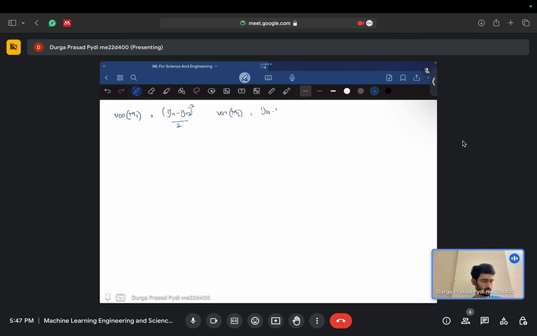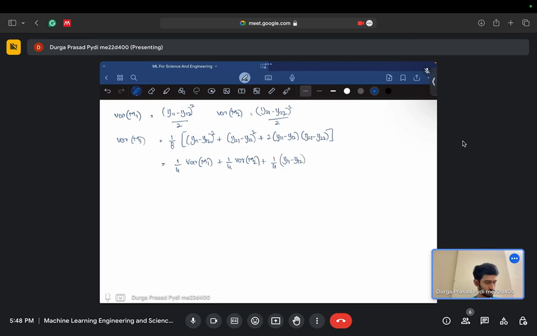M2 is given by this, and M3, if I expand it a little bit, I can write as, this is basically 1/4 of the variance of M1 plus 1/4 of the variance of M2, maybe.